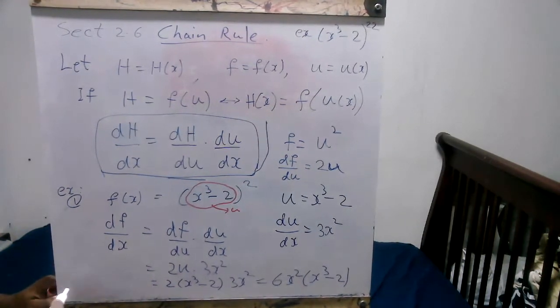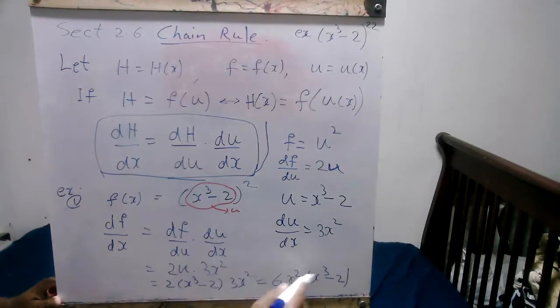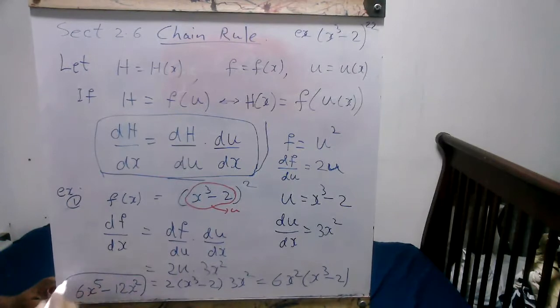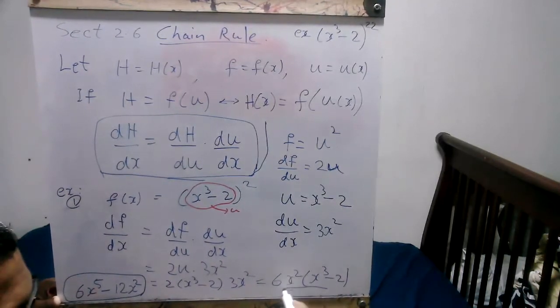If you want, I write that answer here. If you distribute this, we get 6x to the power 5 minus 12x square. Right? You may leave your answer like this or like this, no problem.